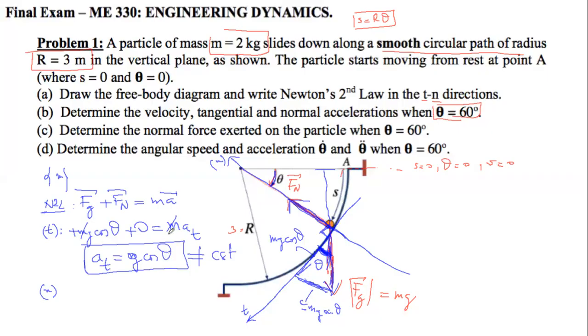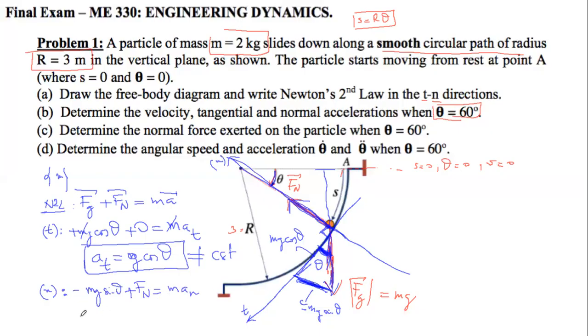Great. Now I will use Newton's second law, and I will project it along the normal direction. What is the normal component of the gravitational force? As we said, it's minus mg sine theta. Why? Because the normal direction is inward. This is here, so it's the opposite sign, so minus mg sine theta. Plus the normal force Fn, and this has to be equal to m an.